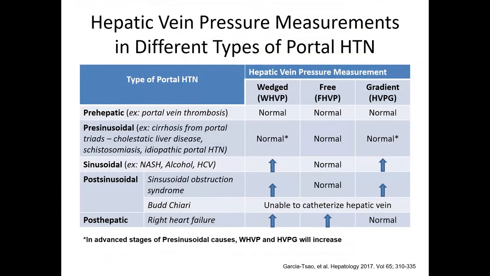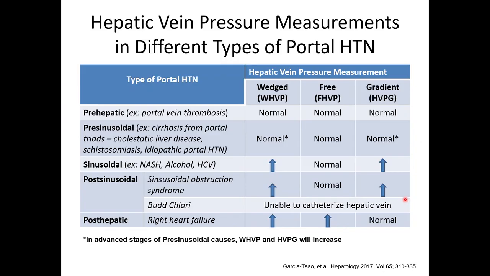In this chart, hepatic vein pressure measurements as well as the different types of portal hypertension are illustrated. To the left, we have the types of portal hypertension that I reviewed on the previous slide, and then to the right, we have the venous pressure measurements that correlate with various causes of portal hypertension.